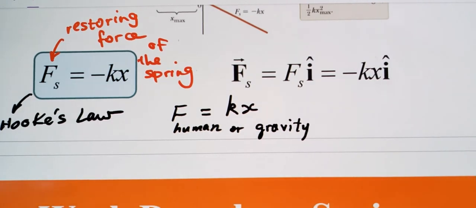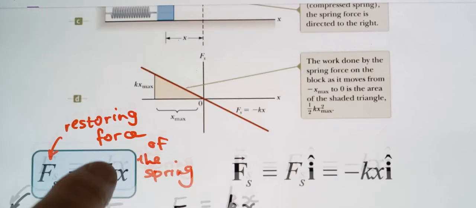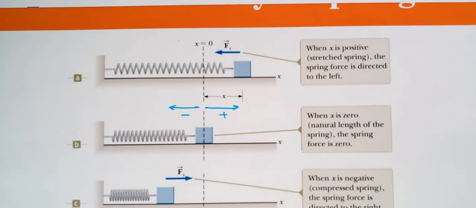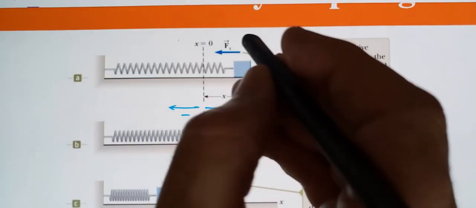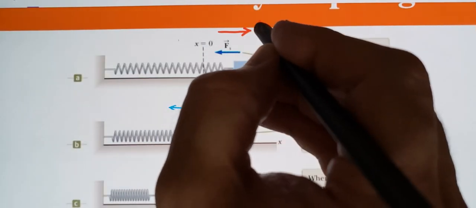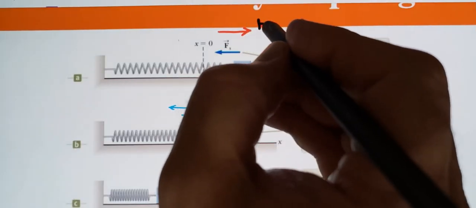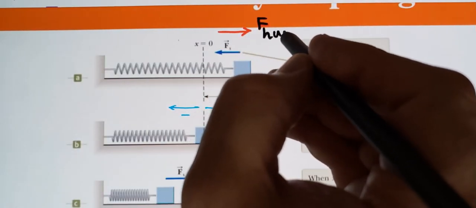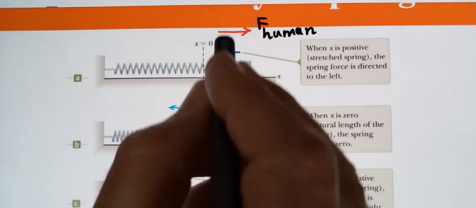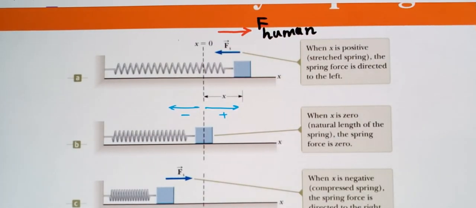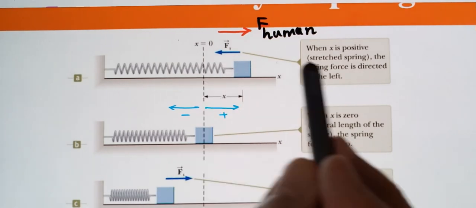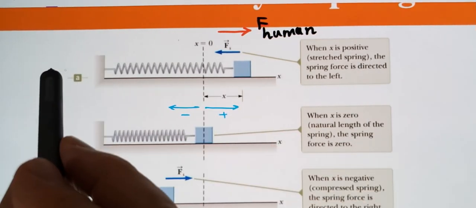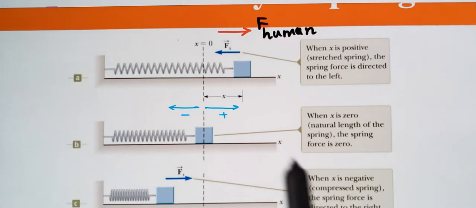However, if you talk about your force, which is compressing or elongating the spring, this is F human. It will be in the same direction as the displacement, either elongation to the right or compression to the left. That's the force of a human, for example, or the acting force. The restoring force is the opposite.